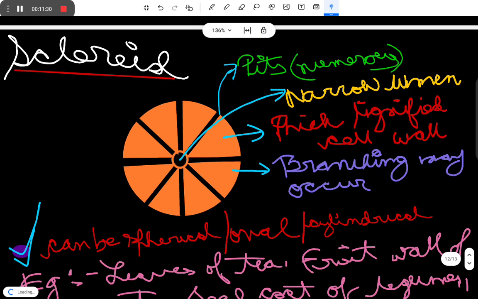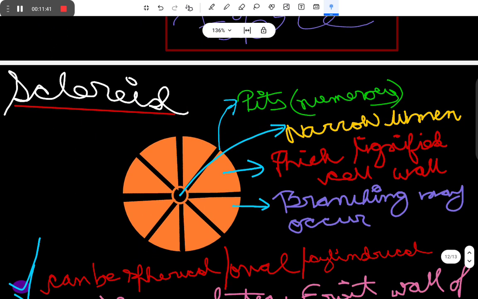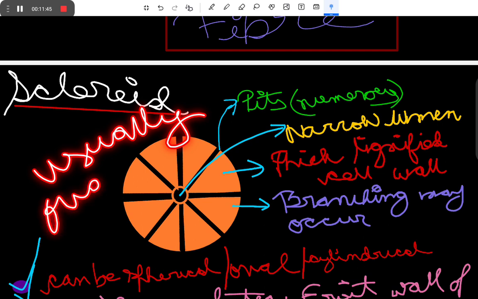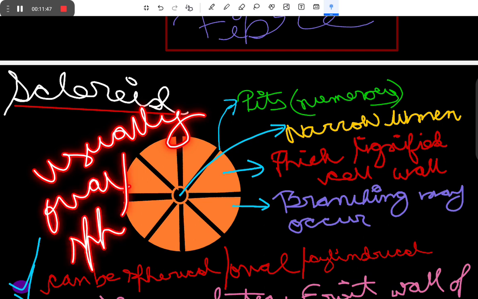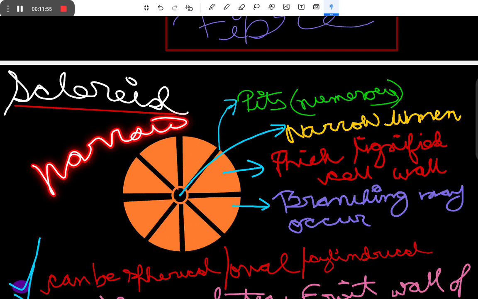So now let's talk about the difference between sclereid and fiber. Sclereids have numerous pits. They are usually oval or spherical. Whereas fibers are narrow, long cells.